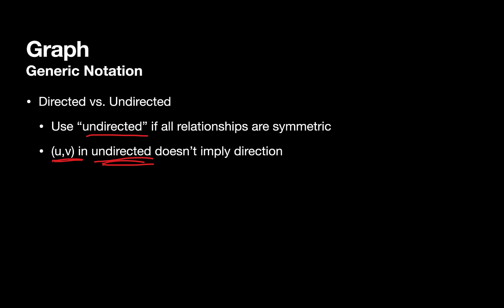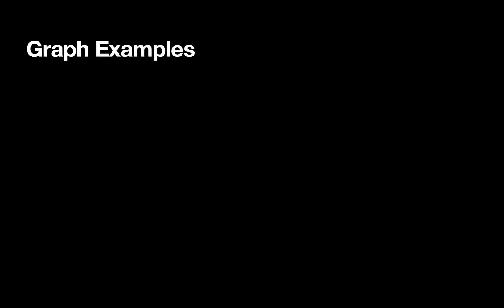Usually when you start working with graphs, you decide up front whether you need a directed graph or undirected graph. And if you're working with an undirected graph and you see a pair of vertices like this, you assume that's an edge that goes both directions. So it means that both U connects to V and V connects to U in our undirected graph.